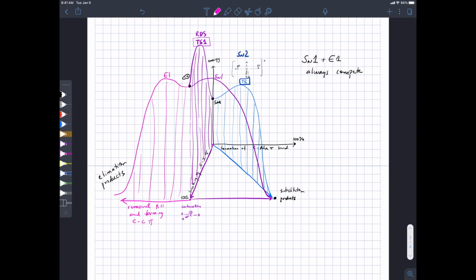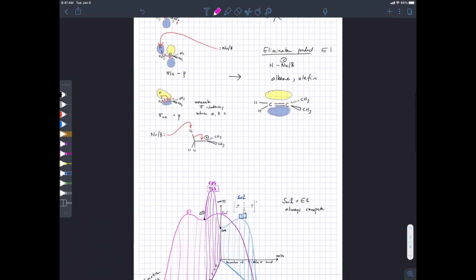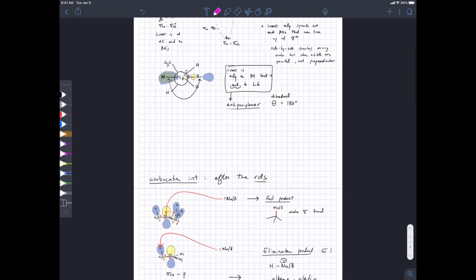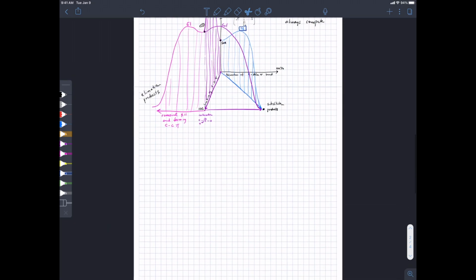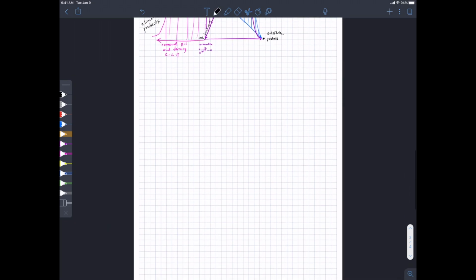All right, so let's then talk about the aftermath of attack at the alpha carbon versus the beta carbon for the SN2 reaction. That looks so complicated, we're actually going to lose time by trying to copy and erase it.